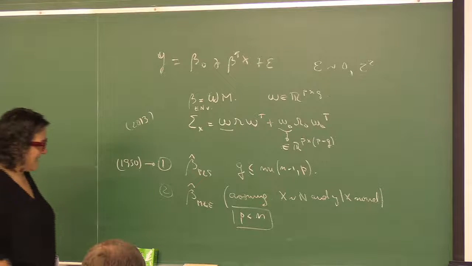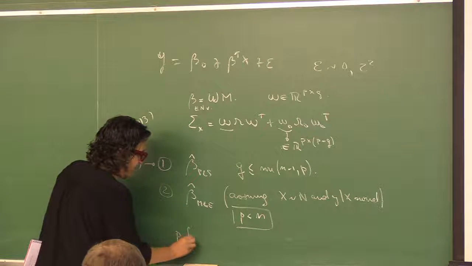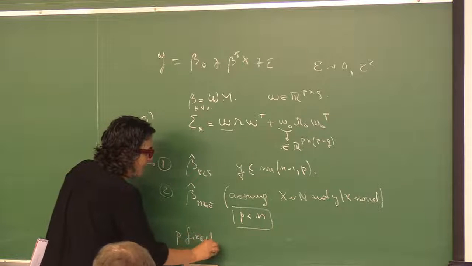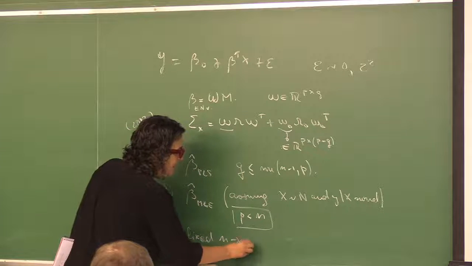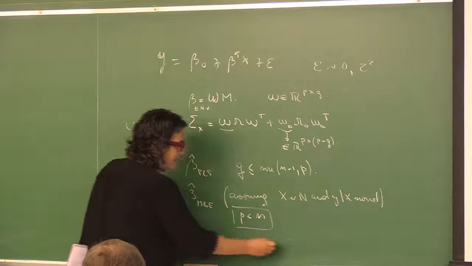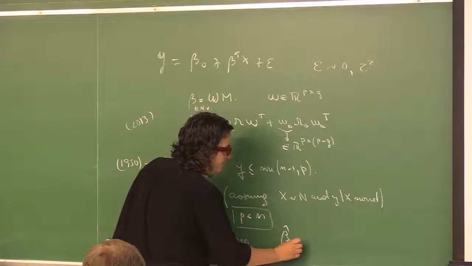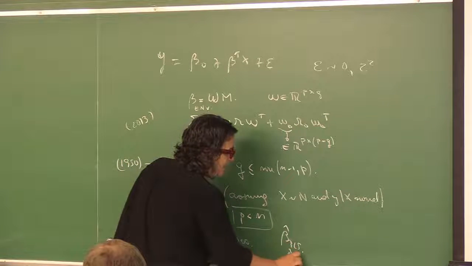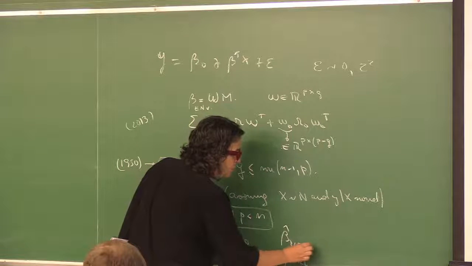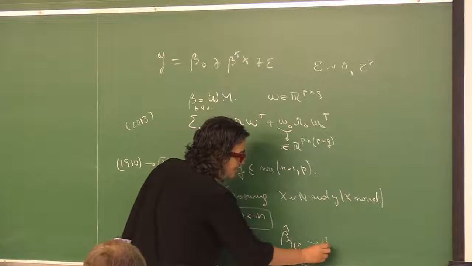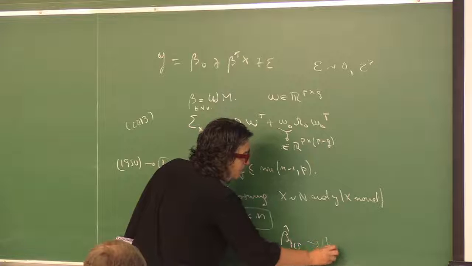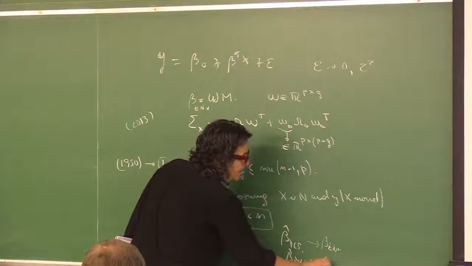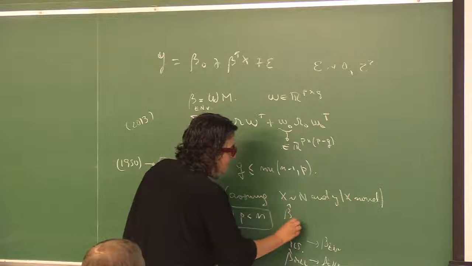And the idea is now, when P is fixed and N goes to infinity, beta PLS and beta MLE are consistent estimators of the envelope. And of course, the OLS is a consistent estimator too.